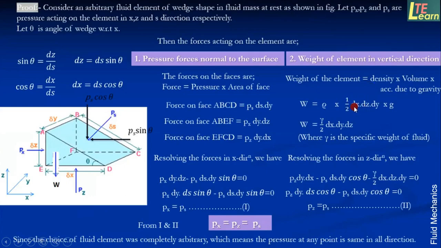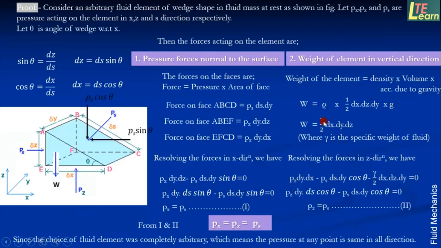So half dx dz area into dy is the volume, multiplied by acceleration due to gravity g. Further, as we know from fluid properties, rho into g, this product is called the specific weight.